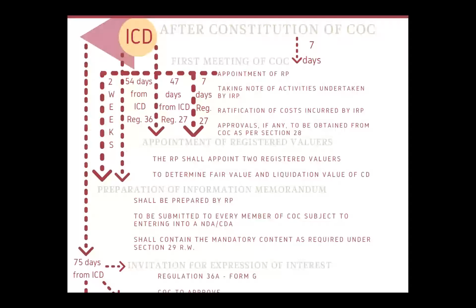I use the word COC, which is nothing but committee of creditors. So who are these committee of creditors again? They are the financial creditors. And what is the first and the foremost important thing they do in the first meeting of the COC? They appoint an RP, and this appointment is made by way of 66% of the voting.